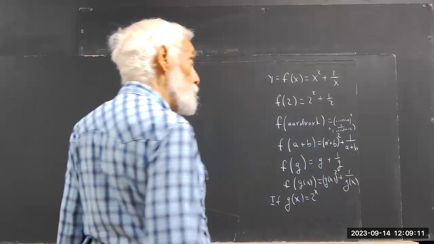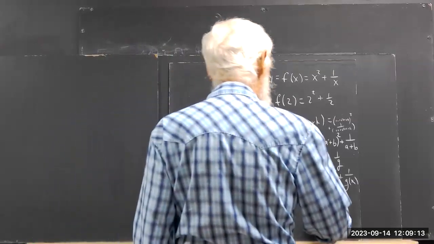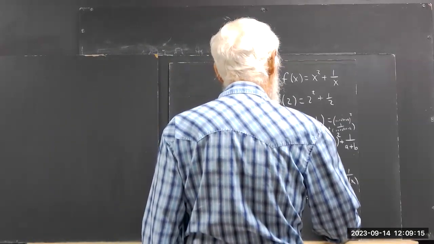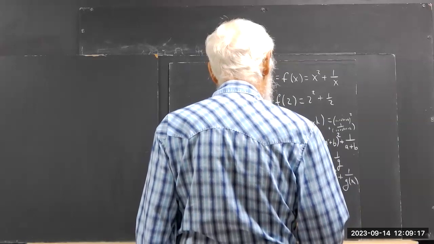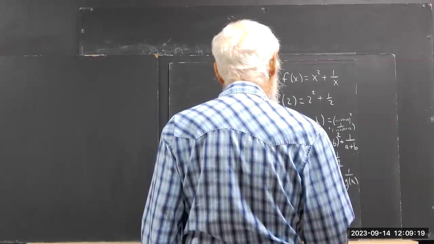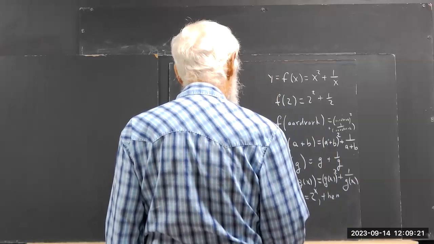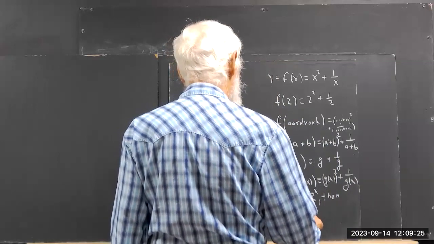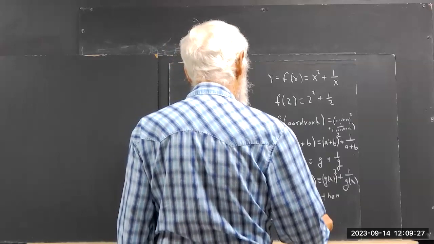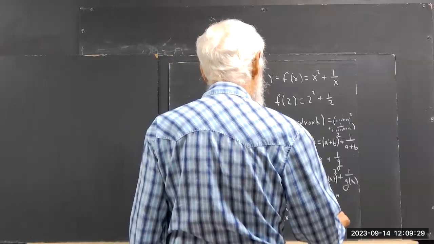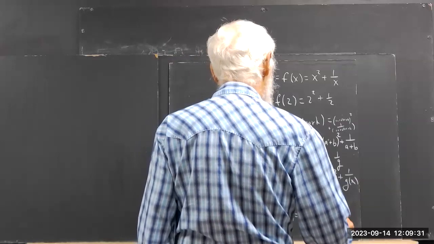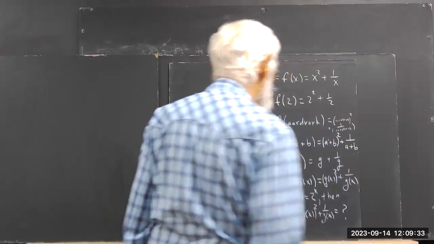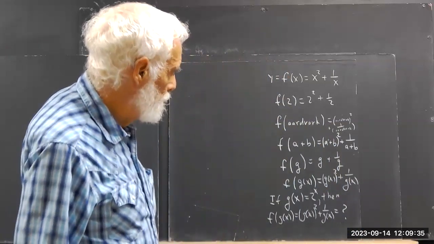If G of X equals 2 to the X, then what do you get?